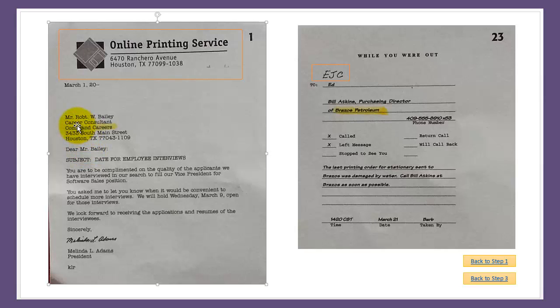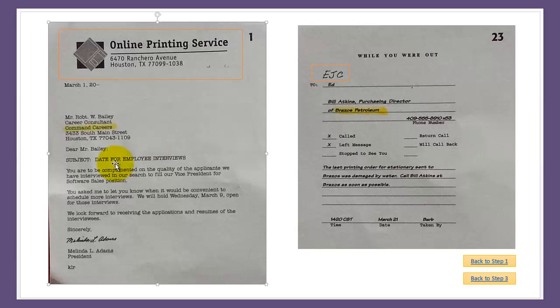So this could be slightly confusing. For example, this is to Mr. Robert W. Bailey, Career Consultant, Command Careers, 3433 South Main Street, Houston, Texas. So you may wonder, which one is the company name? Well, in most cases it should be very clear. In this case, Command Careers is the company name.